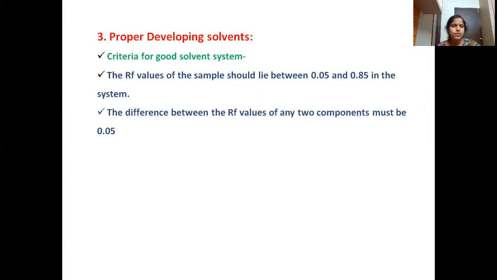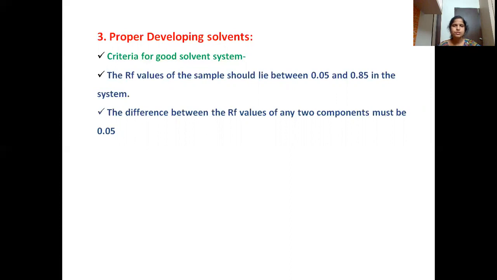The other point we have to take care of is that the difference between the RF values of any two components should be 0.05. Suppose you know that there are two components in a mixture. Again you have to check with TLC and find the difference between the RF values of those two components.